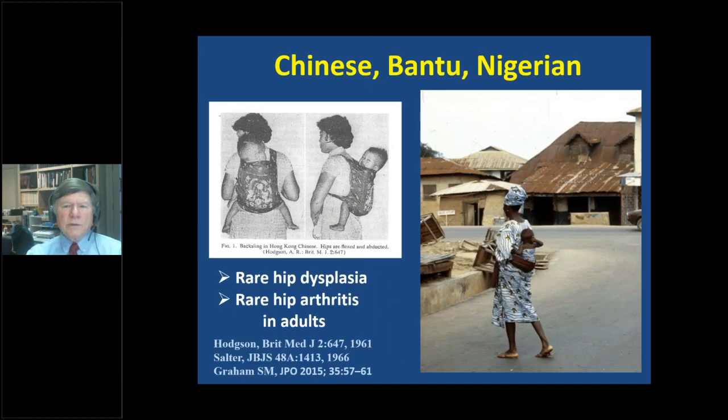In cultures that do this traditionally, the Chinese, the Bantu, Nigerian, and all cultures studied, they rarely have hip dysplasia, and they rarely have hip arthritis as adults. So it may foster good hip development, and it may be an inadvertent prevention for hips that are unstable.